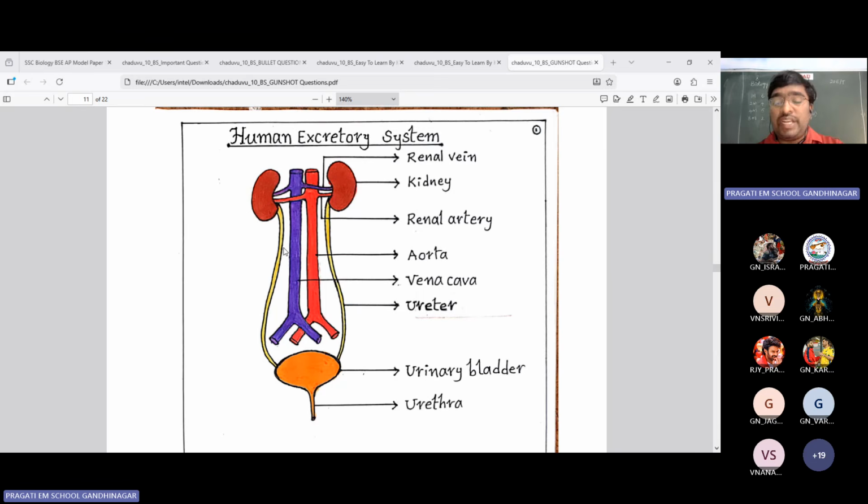Ureter is different, urethra is different. After labeling the parts, try to draw a box. Children, keep the box. Inside the box, you should give your representation well. Children, this is the first expected diagram for your exam.